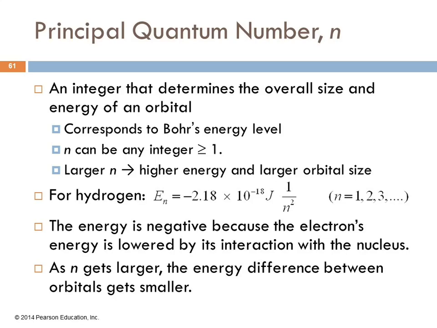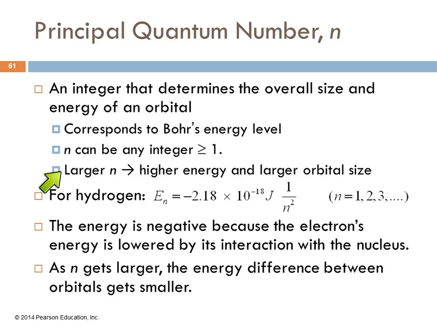The principal quantum number is an integer that's going to determine the overall size and energy of the orbital. This corresponds to Bohr's energy levels. So we go back to that and think about the different orbits, 1, 2, 3, and 4. 2 was higher in energy than 1, and so these principal quantum numbers correspond to that. n can be any integer greater than or equal to 1.